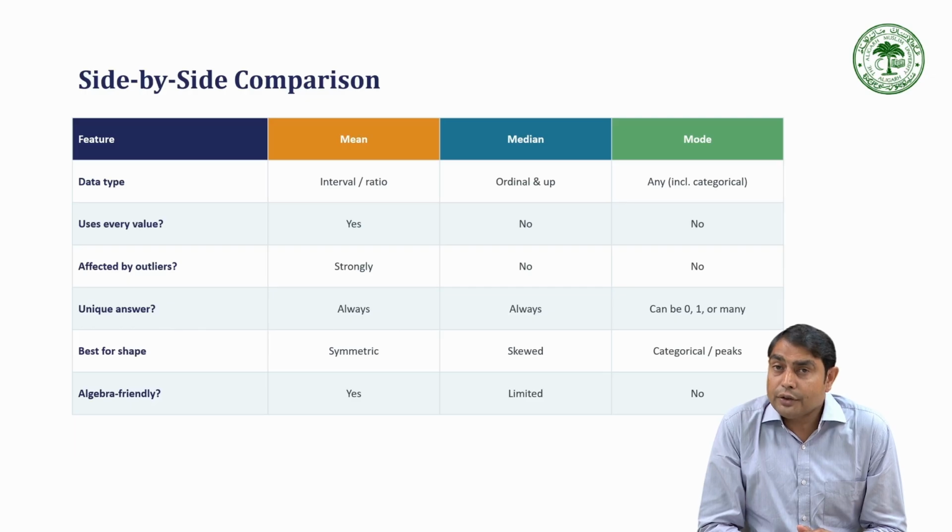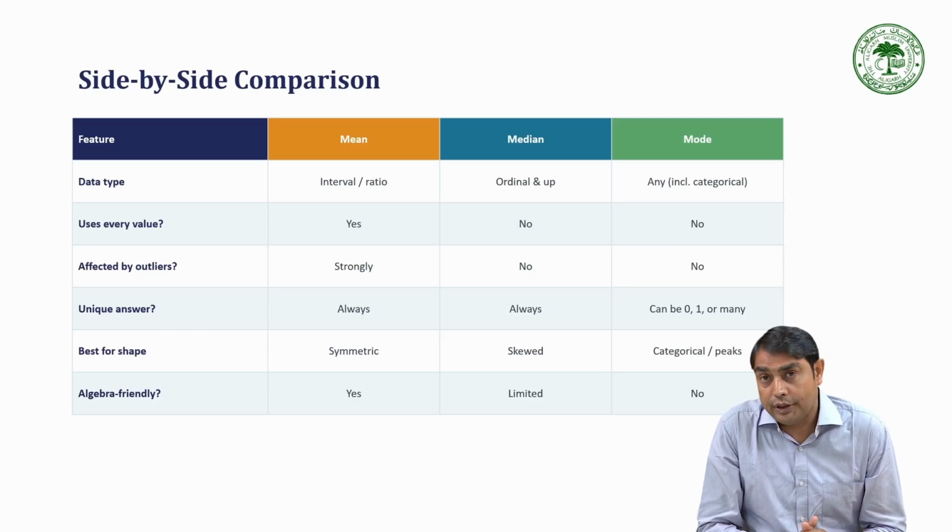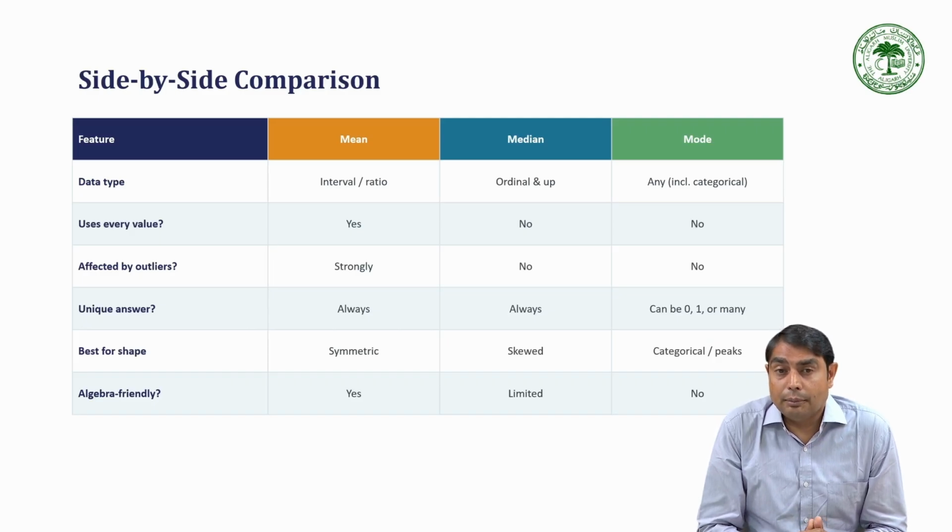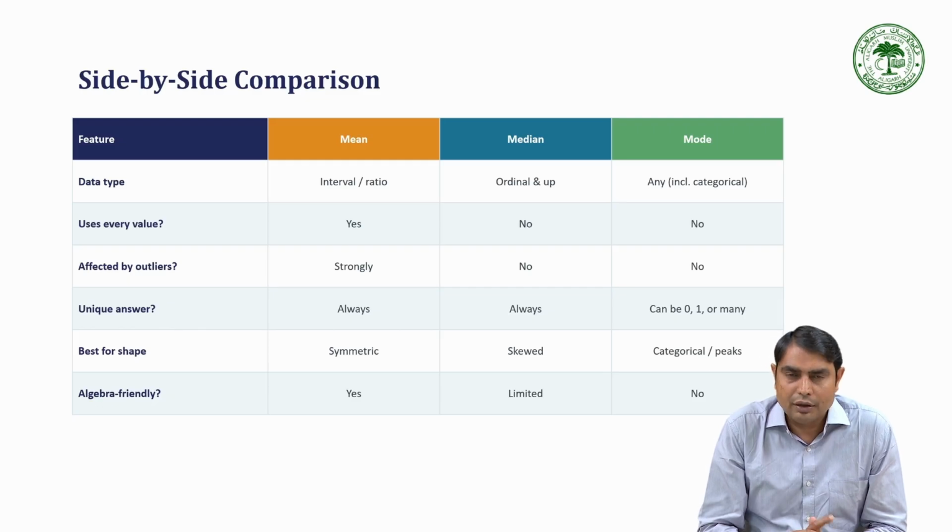Whether the measure uses each value in a data set. Mean, yes. While calculating the mean, you have to add up all the values and divide by n. But median will not take every value into consideration. Rather, it is focused on the mid, which is the positional mid.